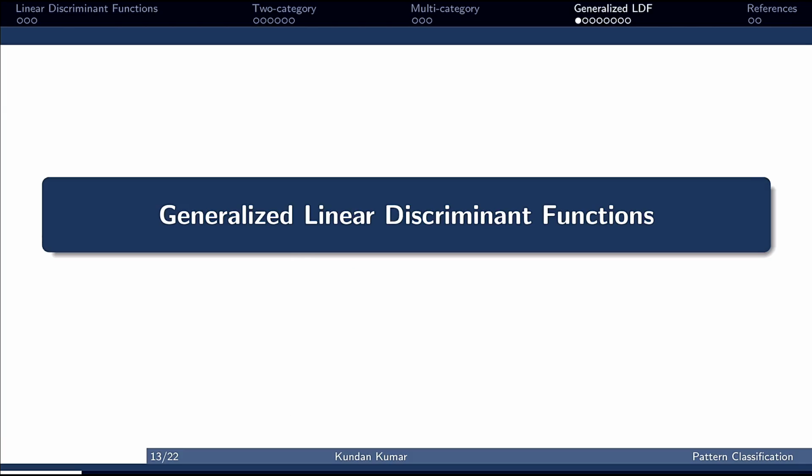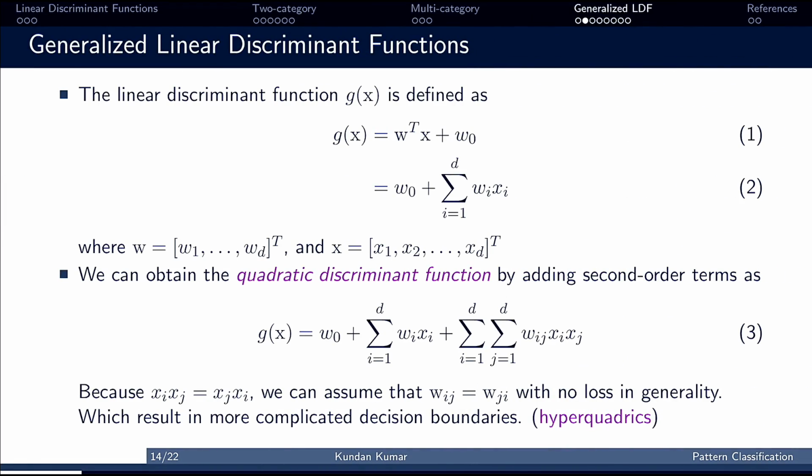In this lecture, I am going to discuss the generalized linear discriminant functions. In the previous lecture, we have seen that the linear discriminant function G(x) is defined as G(x) = W transpose X plus W0, and if we expand this expression, then we can write W0 plus W1 X1 plus W2 X2 plus ... WD XD.